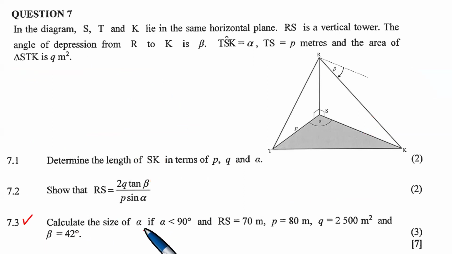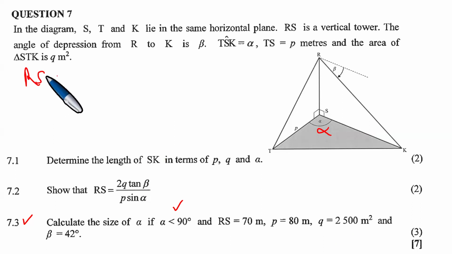Calculate the size of alpha. Here is the angle alpha. We need to find the size of alpha, if the angle alpha is smaller than 90 degrees, meaning it's an acute angle, but RS is 70. P is 80 meters. Q is 2,500 square meters.